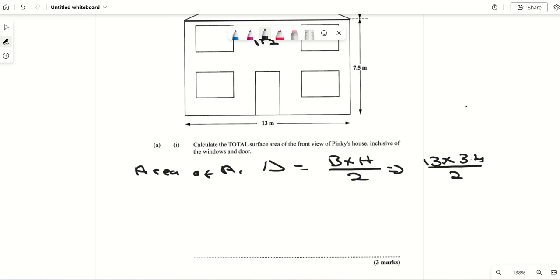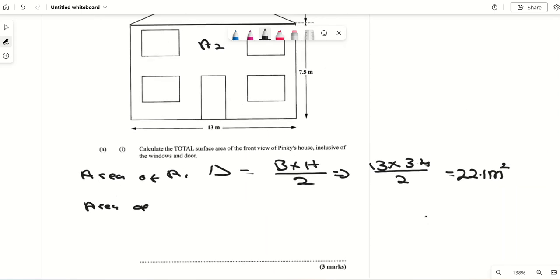You can do this on your calculator, right? When you do this, you are going to get 22.1, and this is in meters, and remember it's area, so it will be squared. So that is the area of A1, and then we'll find the area of A2, which is a rectangle, and we know rectangle is length by breadth or length by width, whichever one you want to use, right?